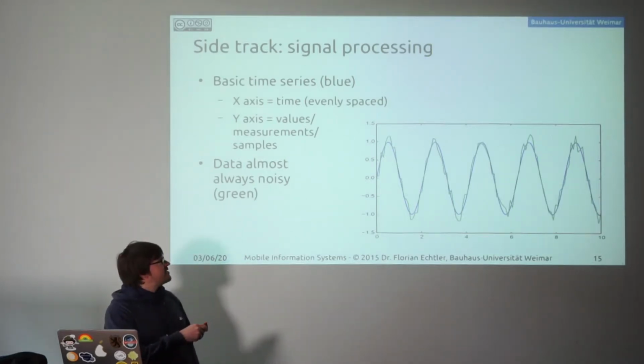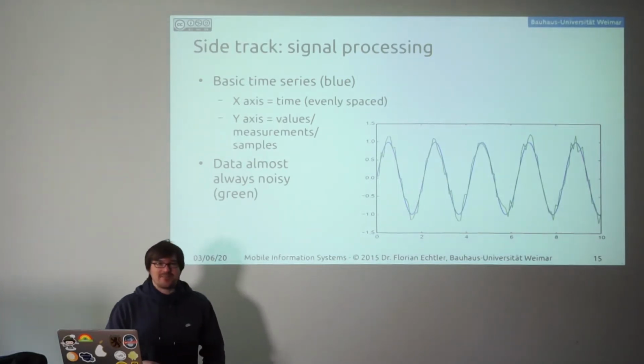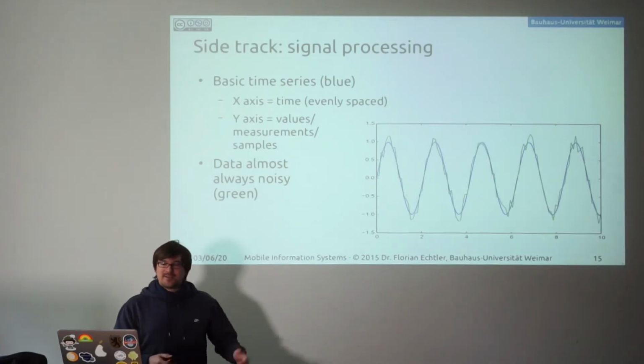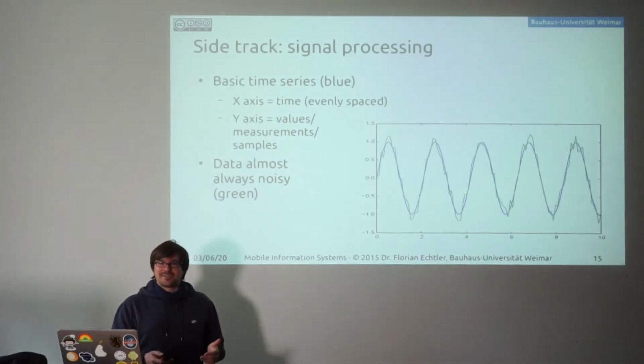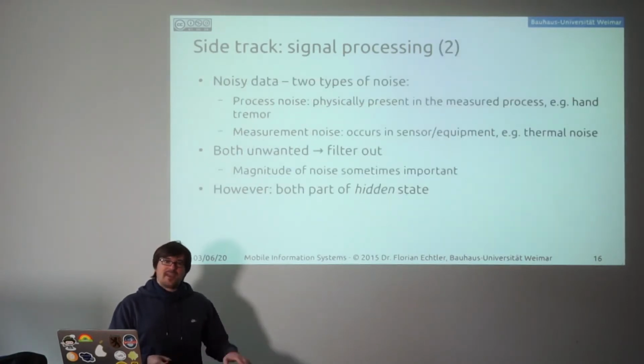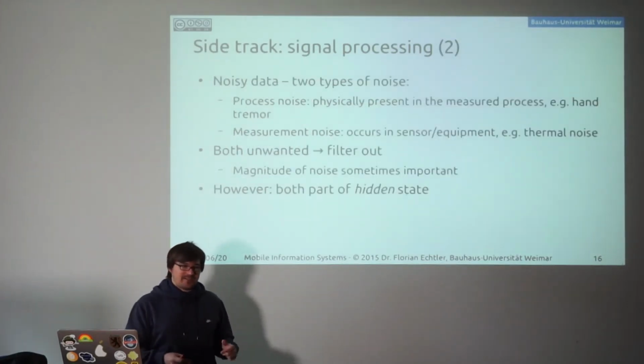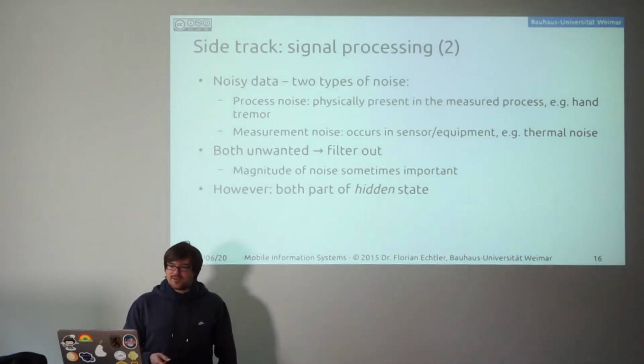So we have the, so to say, the true signal in blue, and then we have the actual measurements we get in green, which contain additional noise that we're not actually interested in. At a very fundamental level, if you look at measurements in general, then we have two types of noise.